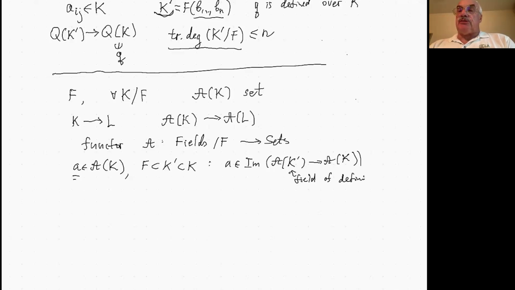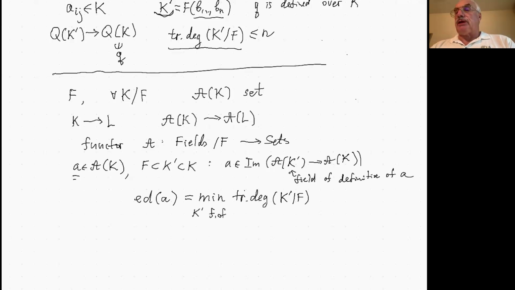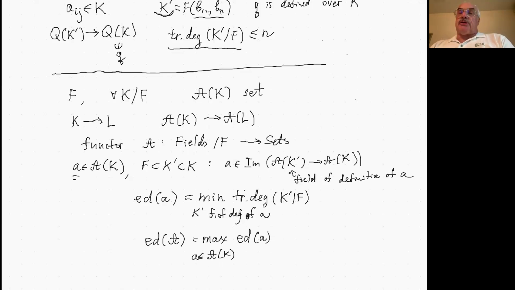And then the essential dimension of that element A is, by definition, the minimum of the transcendence degree of that field K prime over F, taken over all fields of definition of A. So that is some number computed for any particular element A. And then finally, the global essential dimension of the class is the maximum of the essential dimension of A for all elements A of all sets A of K for all fields K. So that's the formal definition of the essential dimension.